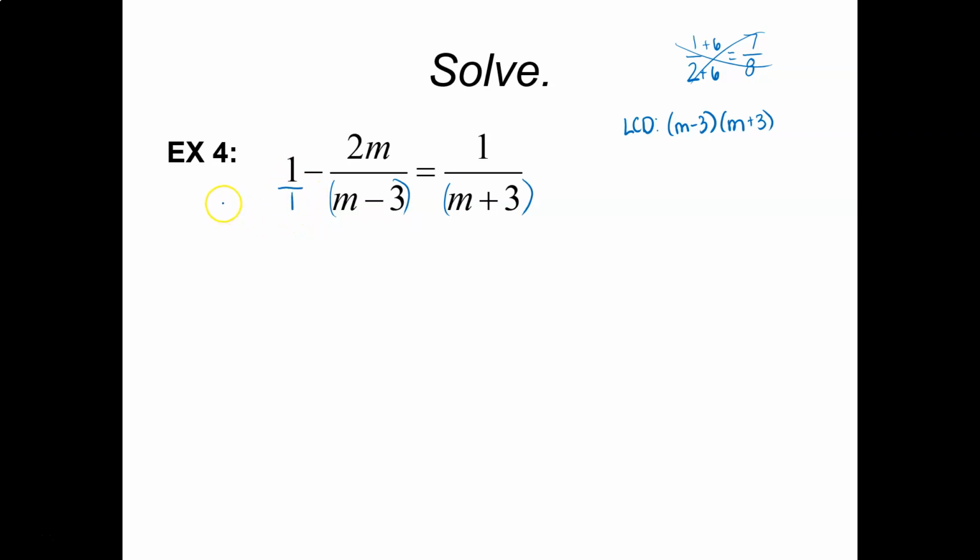So I'm going to have to multiply the denominator by m plus 3 and m minus 3, which means I got to multiply the top by m plus 3 and m minus 3. But when I go to the middle fraction, it's already got an m minus 3. What do I need to add to it? m plus 3. Make sure you put it in parentheses whenever you're doing this. And the last one is going to need an m minus 3.